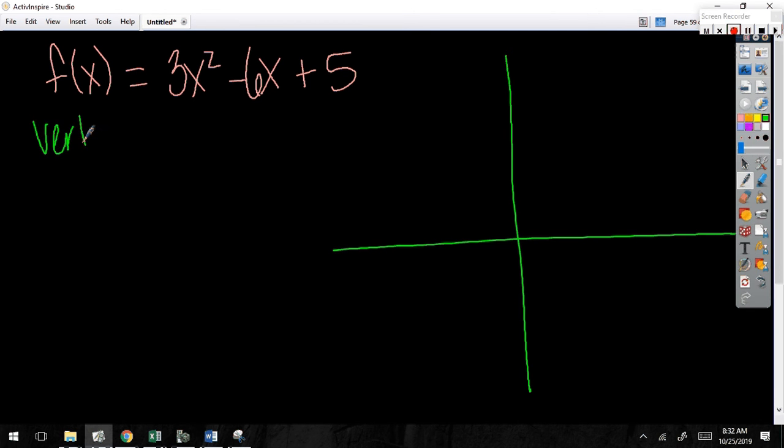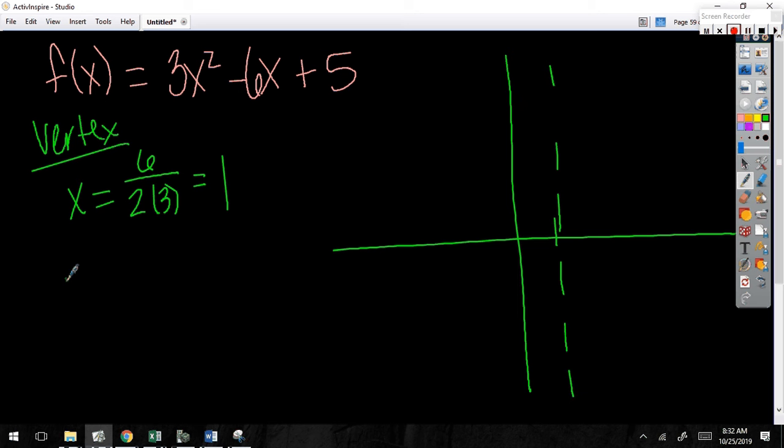Okay, find the vertex. X equals what? Opposite B, so 6 over A. So it's 1, right? Now how do I find the y part of the vertex?